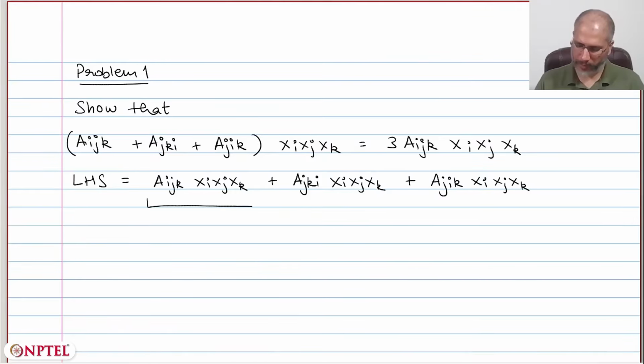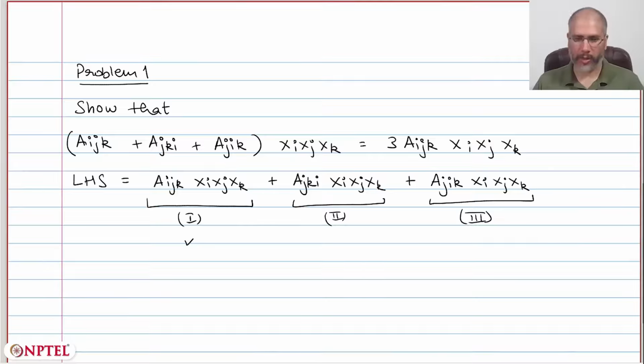So we will number these as 1, 2 and 3 and then deal with them separately. So 1 is good because 1 is 1/3 of what we have to show on the right hand side. So there's a feeling that 2 and 3 have to be shown equal to 1 so that we get 3 times aijk, xi, xj, xk. So let's start with 2.